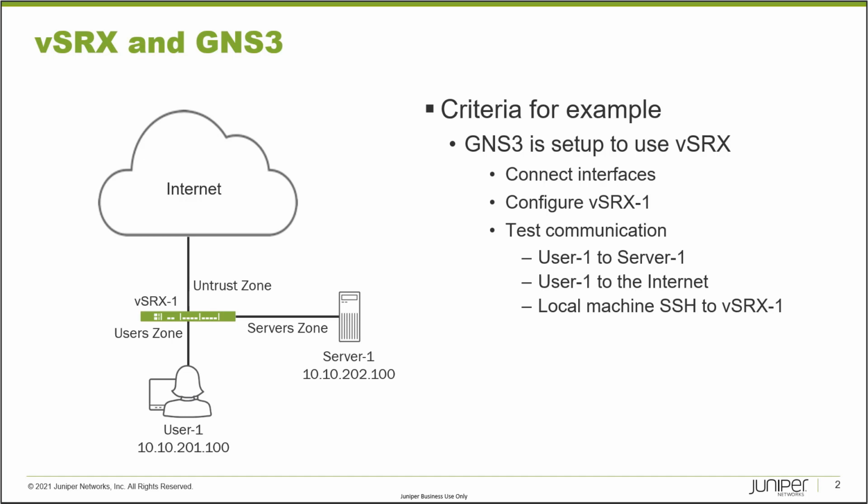Then vSRX1 connects to the internet on the untrust zone. In the criteria on the right, we see that GNS3 is set up to use vSRX1. We did that in the previous Learning Byte that is a part of this Learning Byte series. And so what we need to do is connect interfaces, configure vSRX1, and then we'll test communication. And so with that, let's go ahead and jump to GNS3 and get this going.